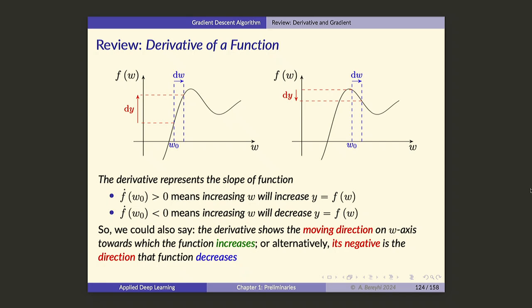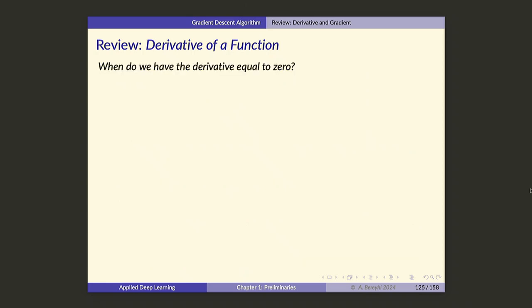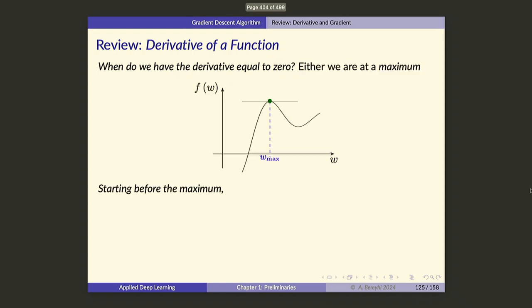Now, one question. When can this derivative be 0? When a function is, for example, at a minimum or maximum, right? If the function is at a maximum, you can intuitively say that your function goes up, then touches the maximum and then goes down, right?